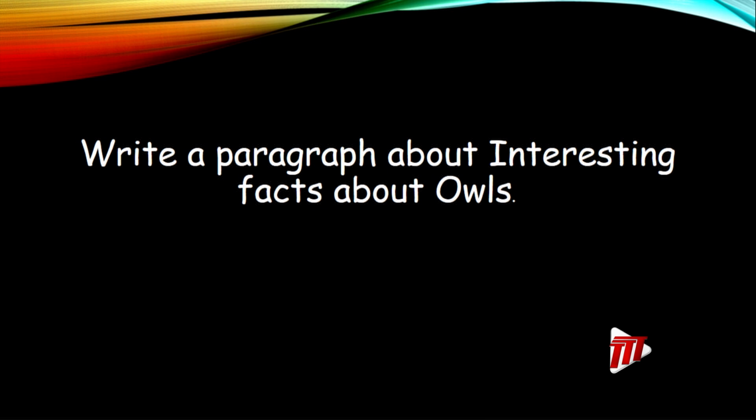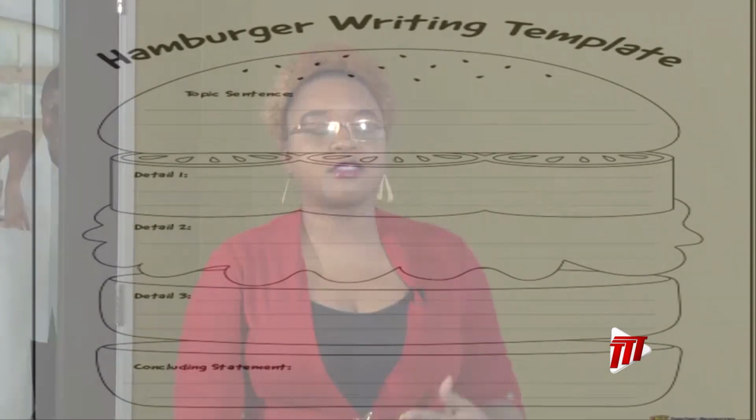Well, we can use something called a graphic organizer, and you will see it shortly. It has the hamburger buns, it has the supporting details and everything where you can write in. And once you remember what you learned about the different parts of the hamburger, when it comes to writing, you can do it. So this is what the graphic organizer looks like.